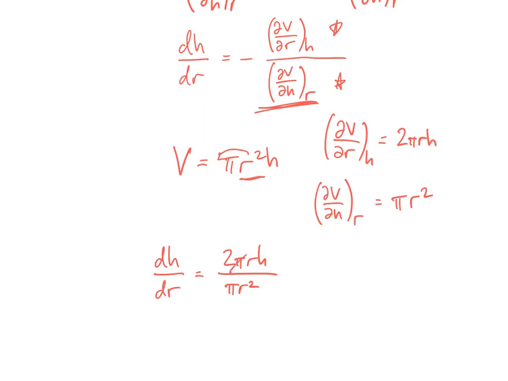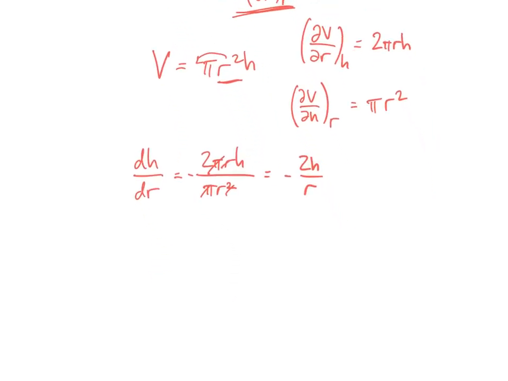Okay, the pi's cancel out, one of the r's cancels out, and that leaves me with 2, negative, okay, I'm forgetting the negative sign, 2h over r. Okay. All right. This is what we're going to use now to get the final formula. I get dh dr equals negative 2h over r.